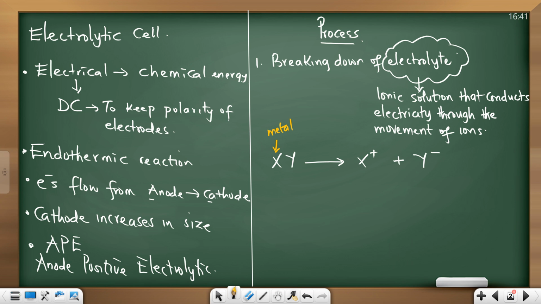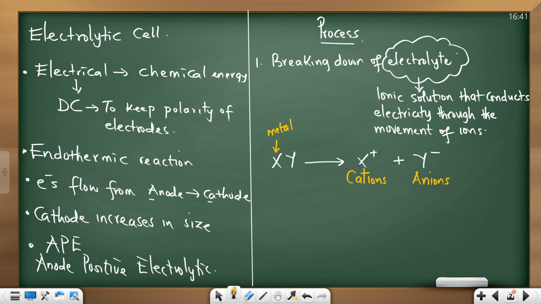And the positive ones are called what? I just use the spelling: cat, C-A-T, and there's a plus there. The plus looks like a T. Those are my cations. And this one becomes my anions.